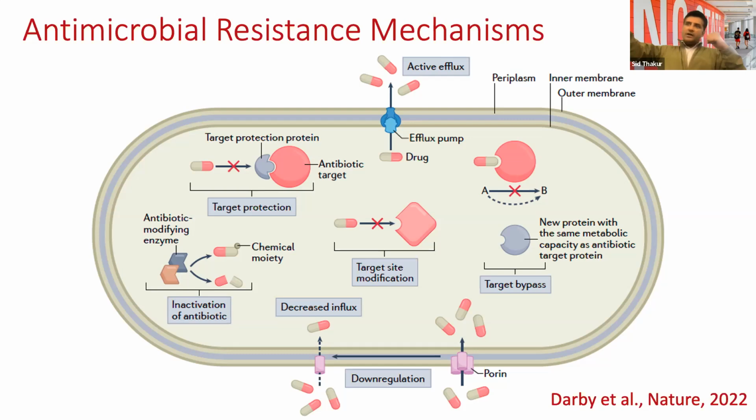Like, this drug has to come and bind to something in the pathogen to really start acting. Well, they'll make changes in the cell wall. If the drug can't bind to the cell wall, then it's useless. Or if it makes it through the cell wall, there are many drugs that have to get inside. If they get inside, there's something called efflux pumps right here. It's just like a pump. Something comes in, it'll just pump it, and it goes out.